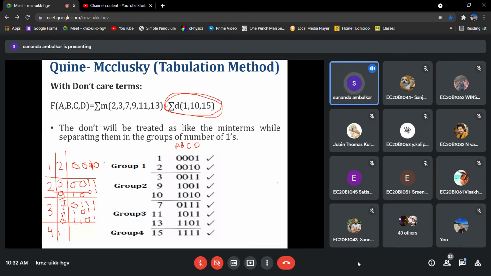Next is 15, which is part of group 4. We will take 1, 1, 1, 1. Now we have created this table.